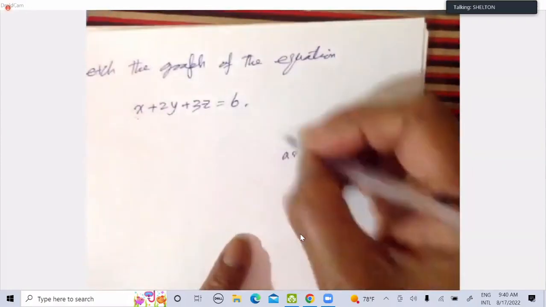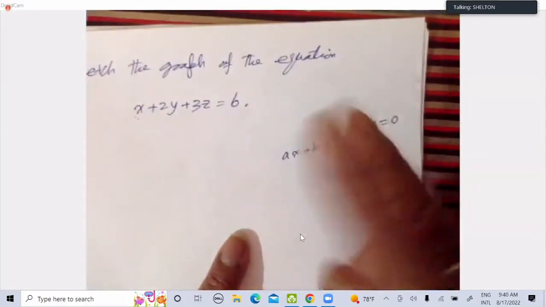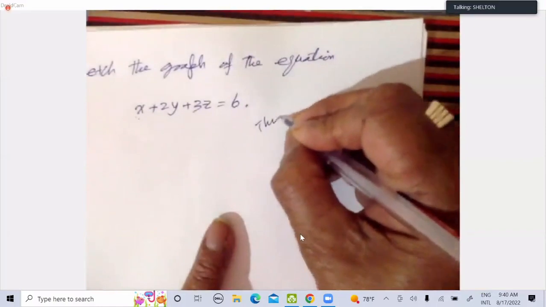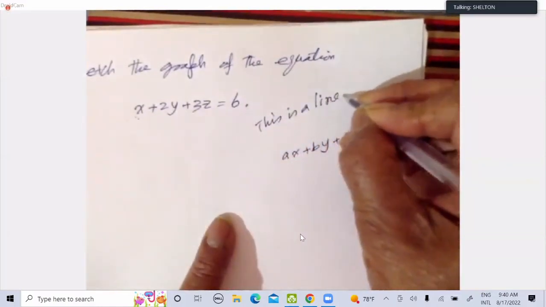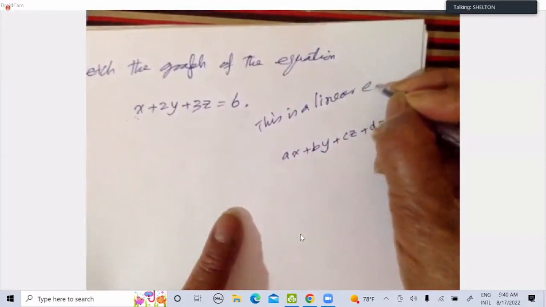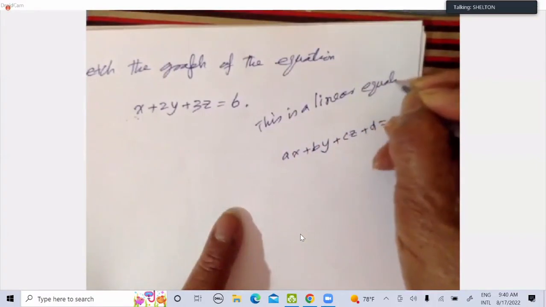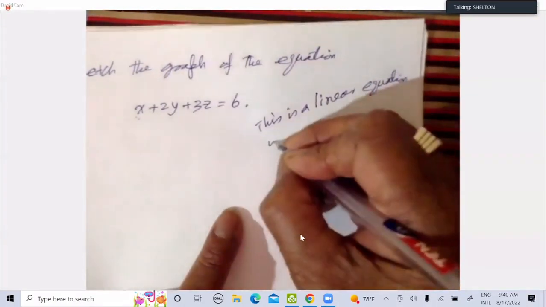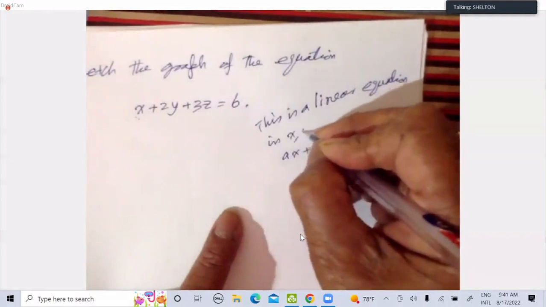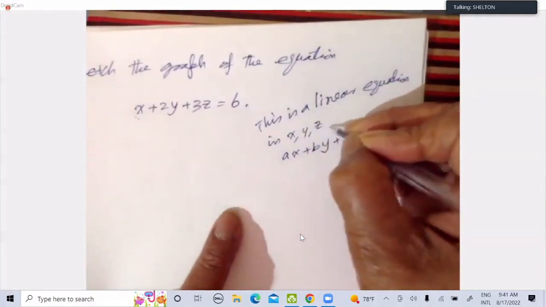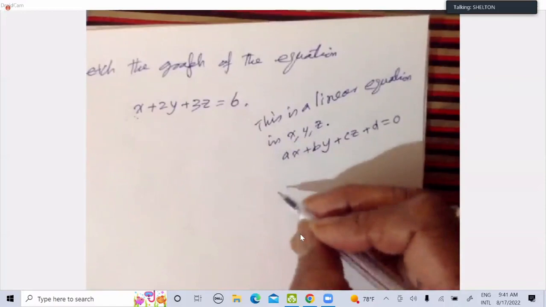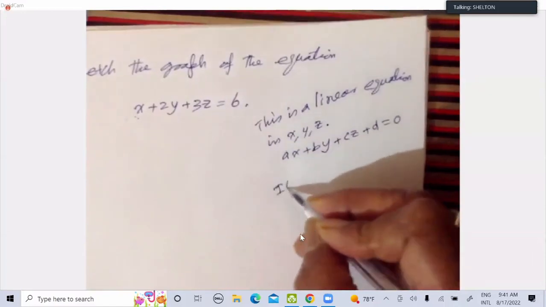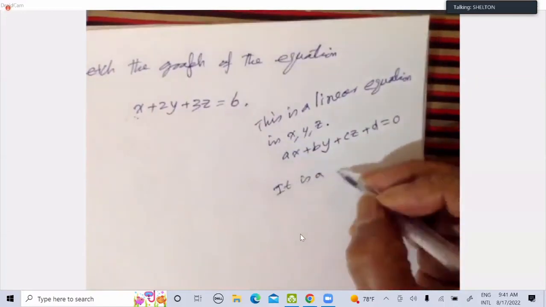This is the general form. You did linear algebra also, no? The graph is a plane.